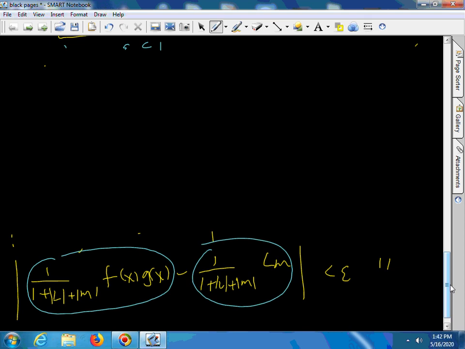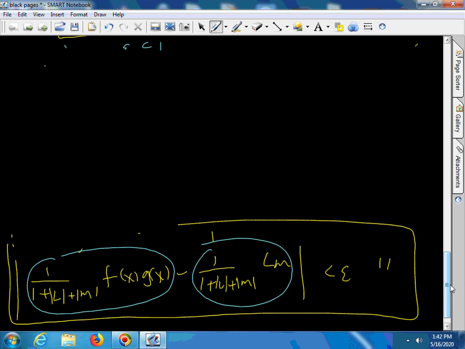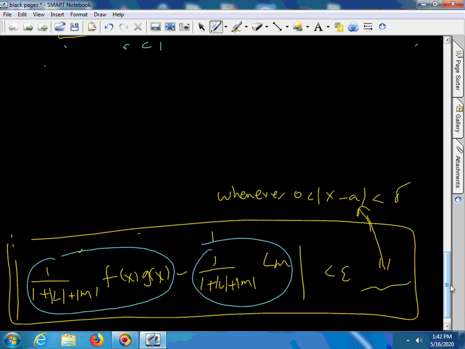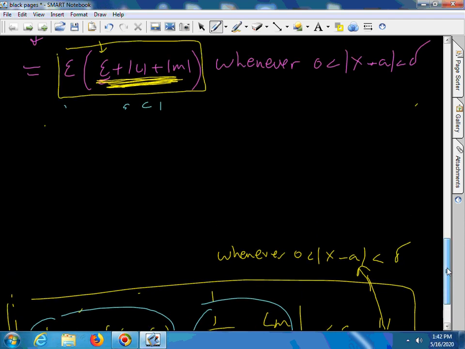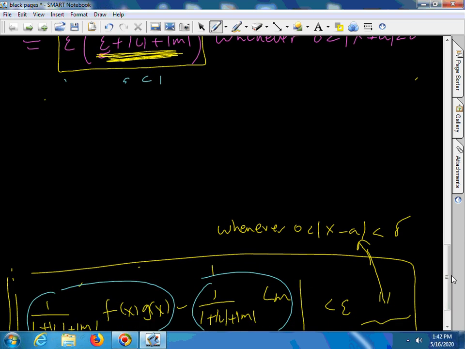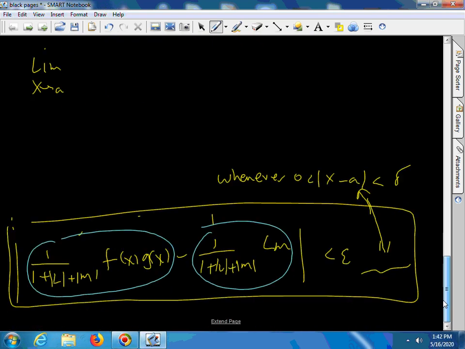So, this statement right here, what goes here is whenever 0 is less than the absolute value of x minus a, which is less than delta. That whole statement tells me that the limit as x goes to a of what I had circled in blue equals that.